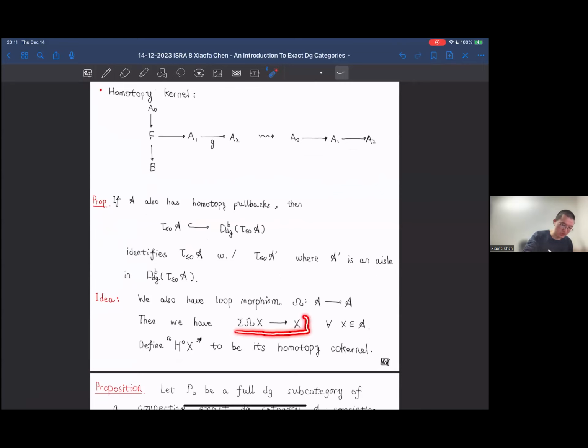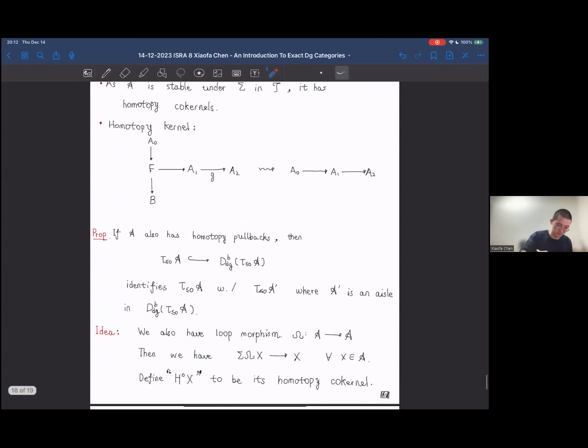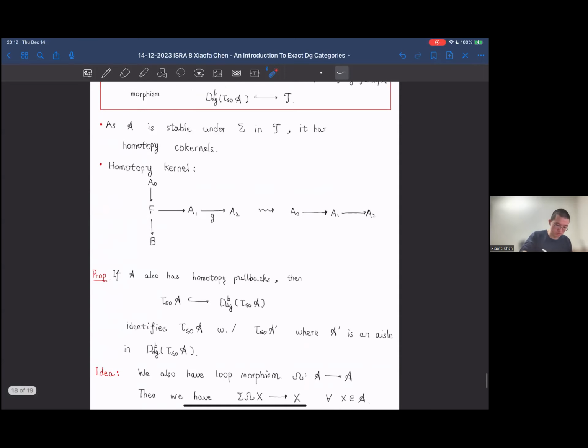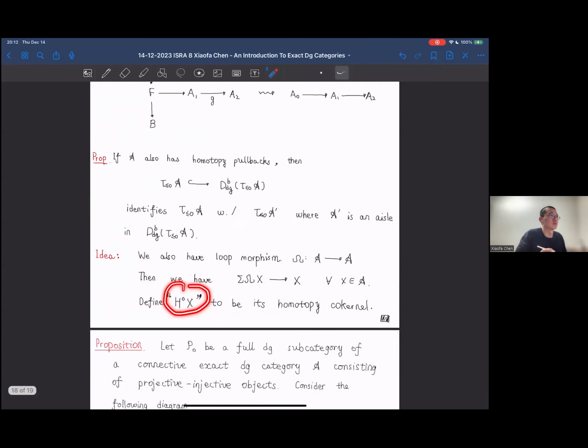Because A has homotopy pullbacks, it also admits a loop functor from A to A, and we have an adjunction morphism for each object X in A. Its homotopy cokernel will be an object in the heart. It is an exercise to check this in the case of T-structures. So when we have this heart, then we can give the T-structure.